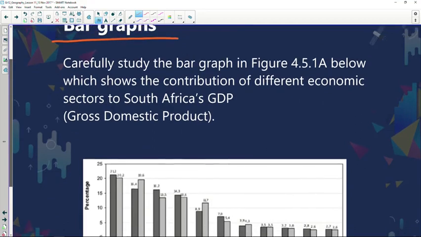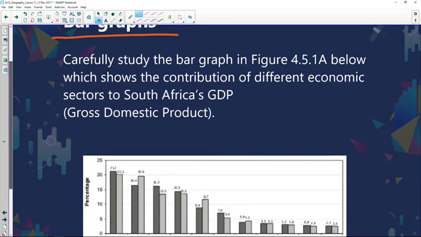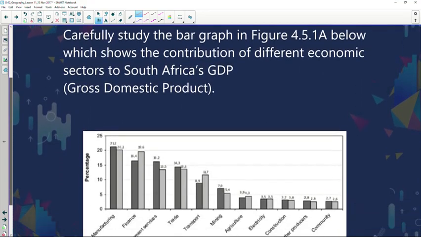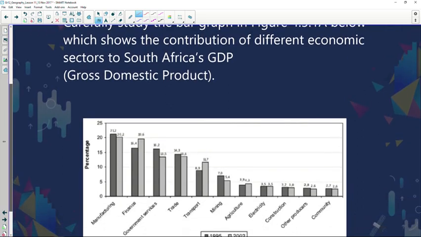A graph represents information. Now if you look at this graph over here, you've got a horizontal axis and a vertical axis. That's your vertical axis over there, and that's your horizontal axis over there.